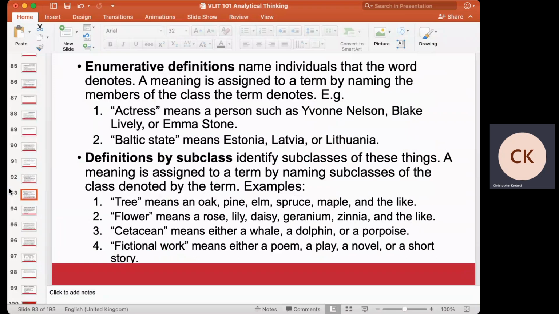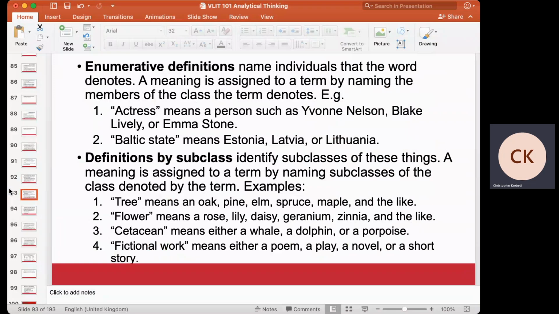So if you are talking about an actress, we get to know that an actress denotatively implies persons that act in a movie or anything that requires acting. An example of an actor or an actress is so and so and so and so. Then you are enumerating. That is also a type of denotative definition or meaning, right?